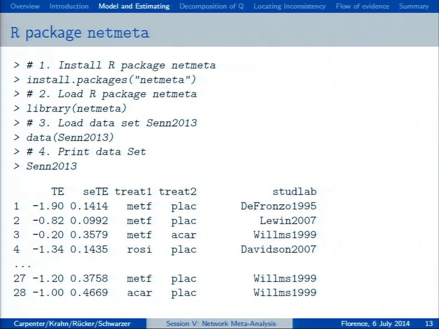So we have here one 3-arm study, and therefore we have to give a data set where we have 3 rows for the 3-arm study, corresponding to all possible pairwise comparisons in the 3-arm study.